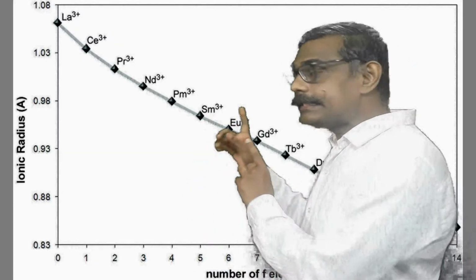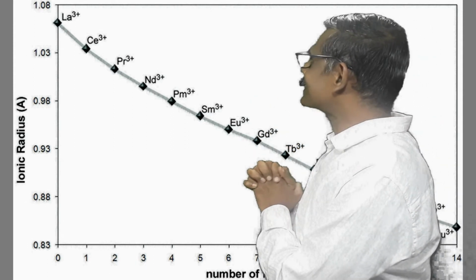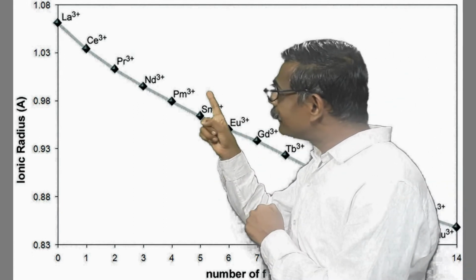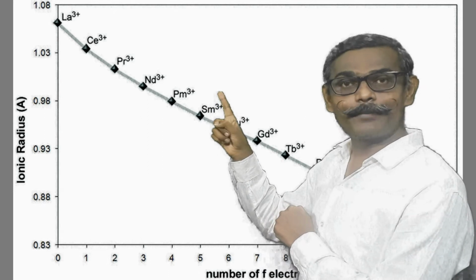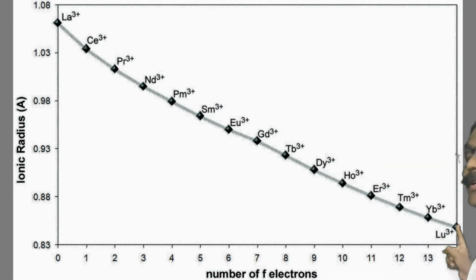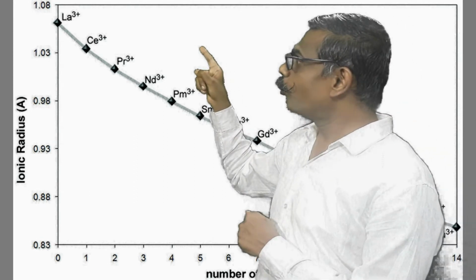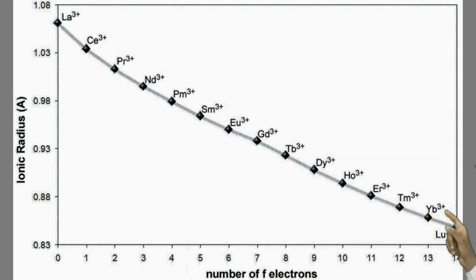Now see this graph. It's a variation of ionic sizes. The largest ion is lanthanum +3, and the smallest is lutetium +3. The size of lanthanum +3 is 106 picometer, and the size of lutetium +3 is 85 picometer.